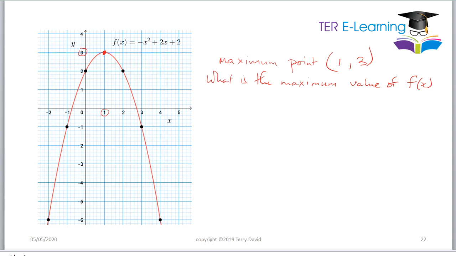Alright, so I see most of you saying 3. Yep, so my maximum value, or the highest value, in this case here is actually 3. So my maximum value of f of x is equal to 3, right?